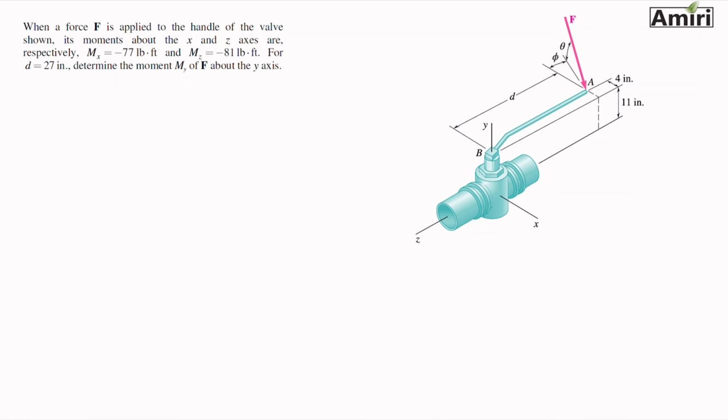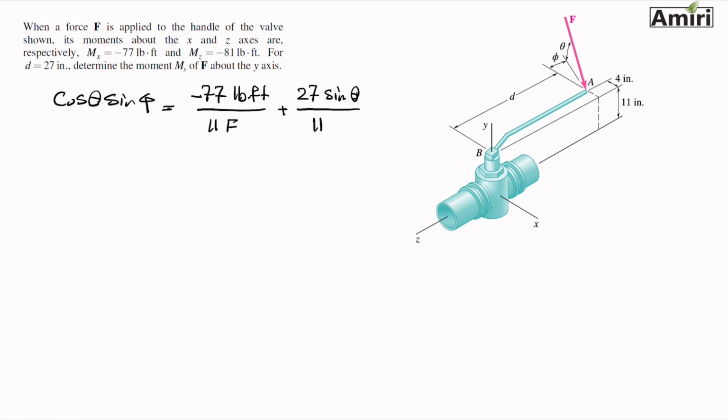So cosine theta sine phi is going to be your Mx, minus 77, over 11F, plus 27 sine theta over 11.